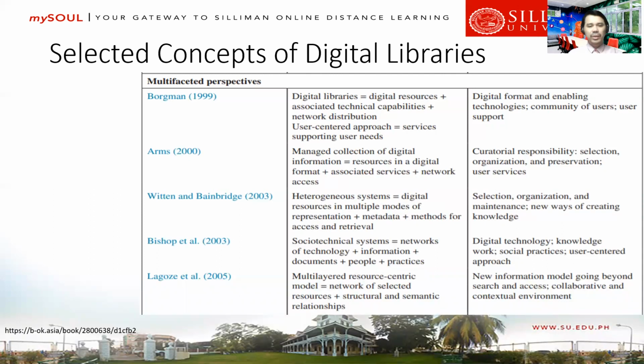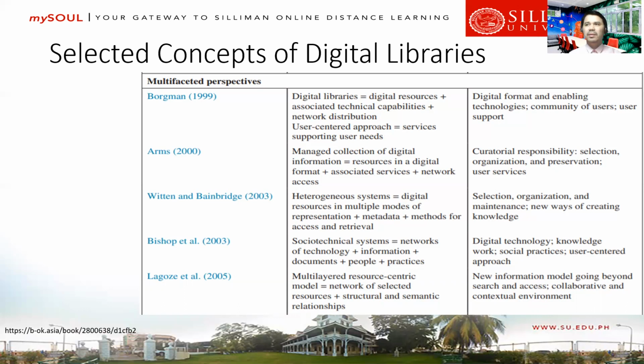Another one, the recent one, is in 2005 by Candela et al. They highlighted a new information model going beyond search and access. That means it's not just simply searching, but a more collaborative and contextual environment.